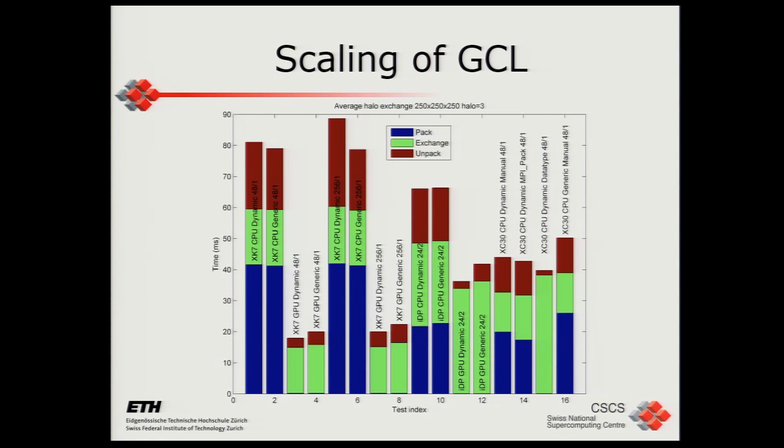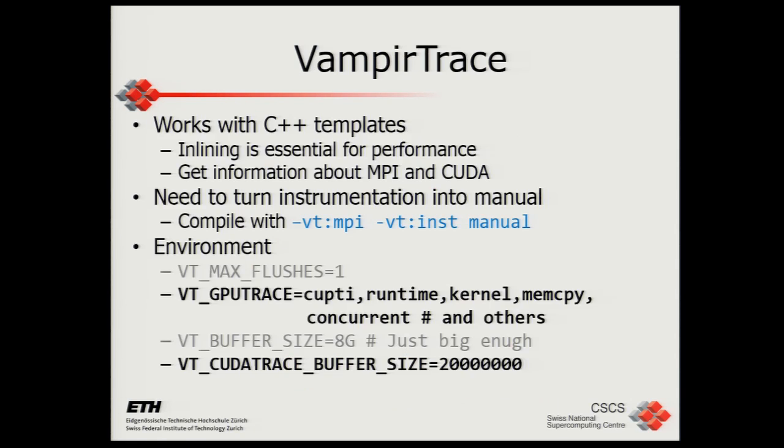A tool that we are using here at CSCS is VampirTrace. The only problem is that when you work on C++ with a lot of templates, and inlining is essential to get good performance, it turns out that VampirTrace does a very bad job if you let it do things automatically.